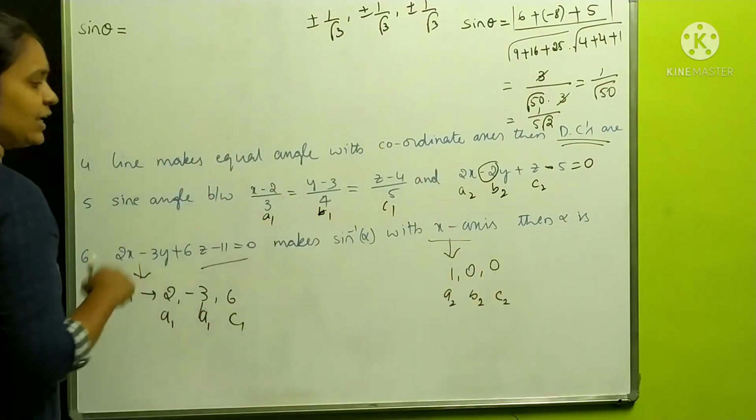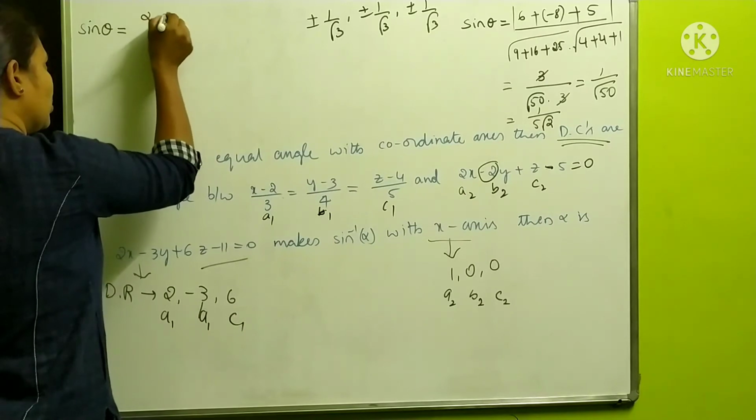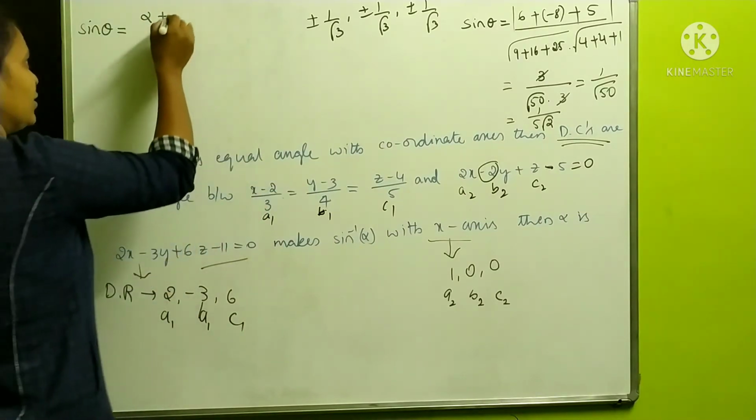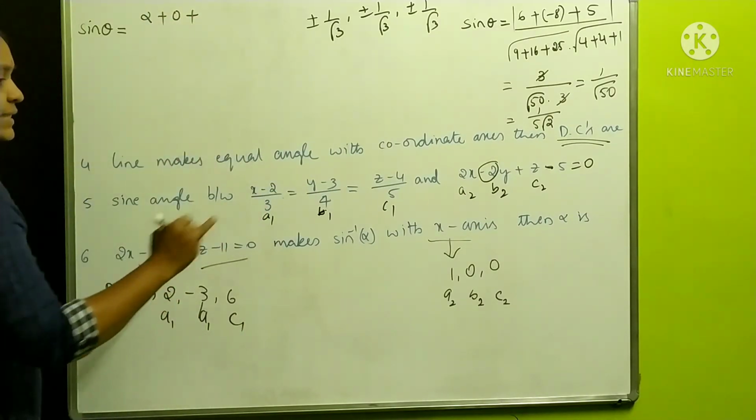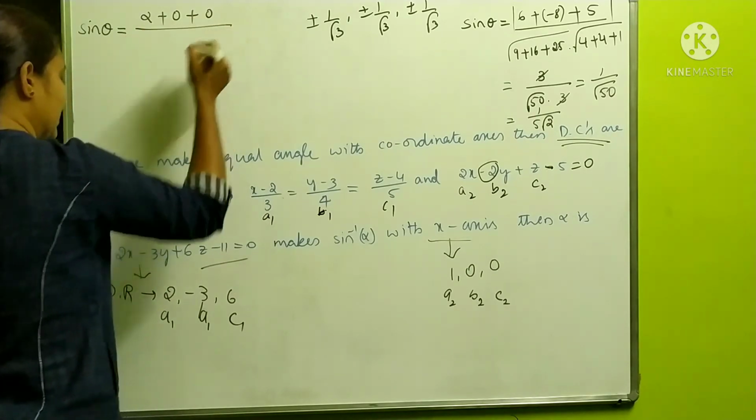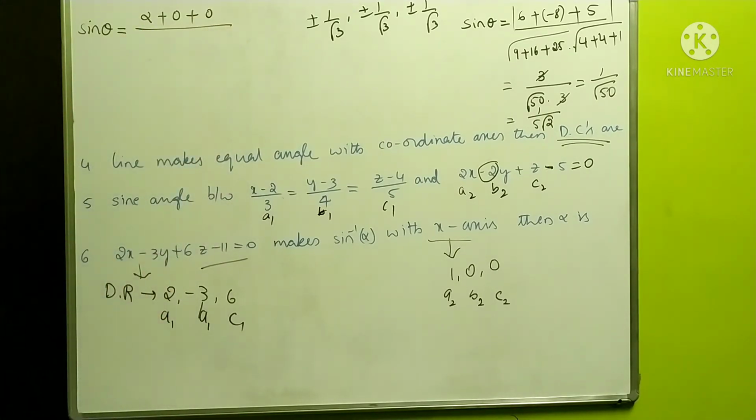Now A1 A2, 2 into 1 is nothing but 2, plus minus 3 into 0 is 0, plus 6 into 0 is 0, divided by the square root of A1 square plus B1 square plus C1 square, that I have to write.